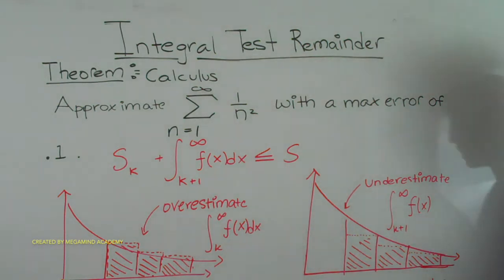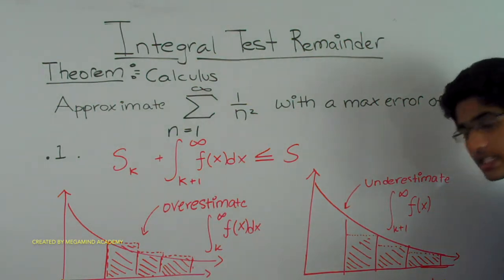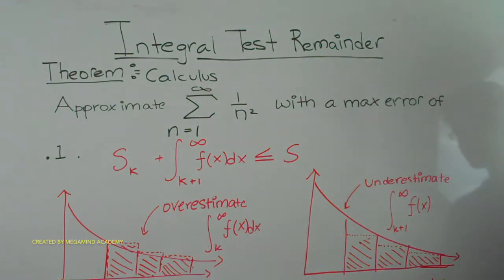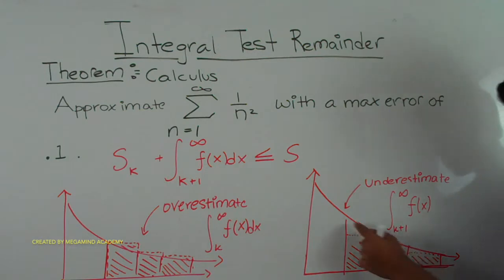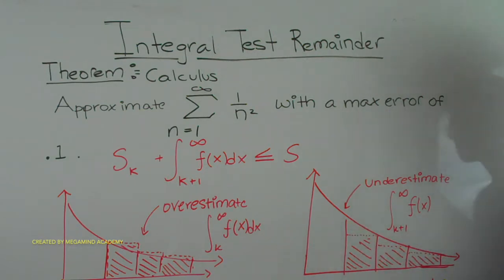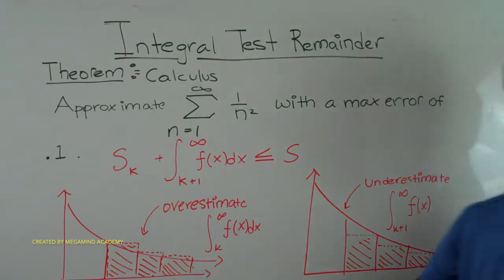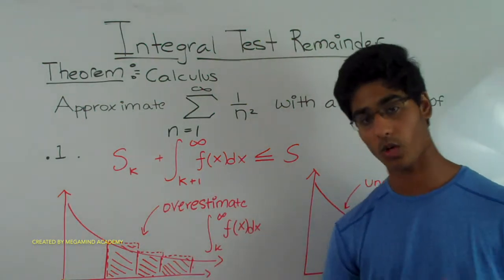So let's go over why this is true. We know that when we reach this value k, from here on to infinity, the sum of all the areas, including these little triangles that we're missing here, will be less than or equal to our max error that we assign. In this example, it's 0.1.